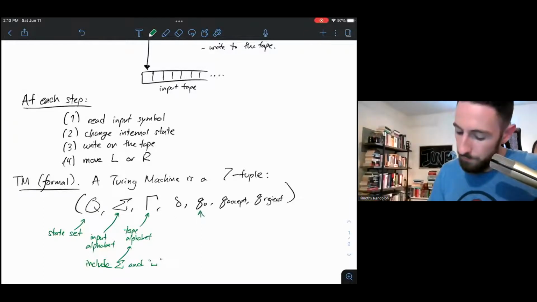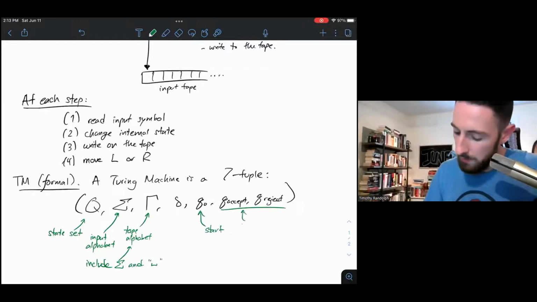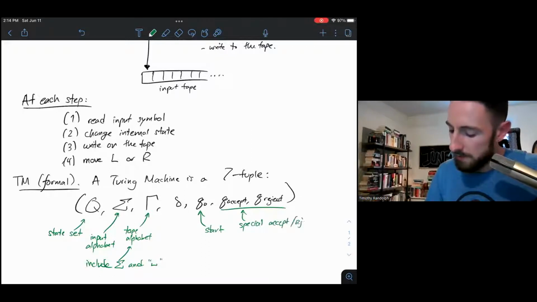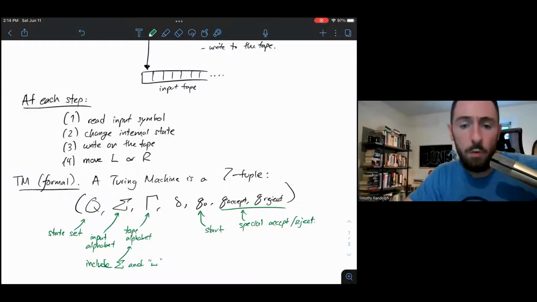We have Q0, our start state, and we have two special accept and reject states. Why do we need to pick them out specifically? Well, it comes down to the Turing machine's special power of moving backwards and forwards.